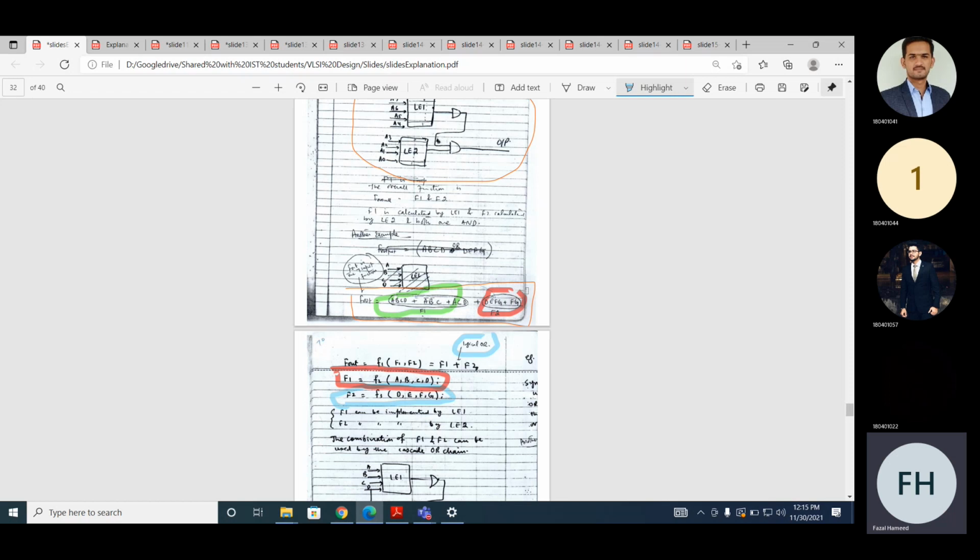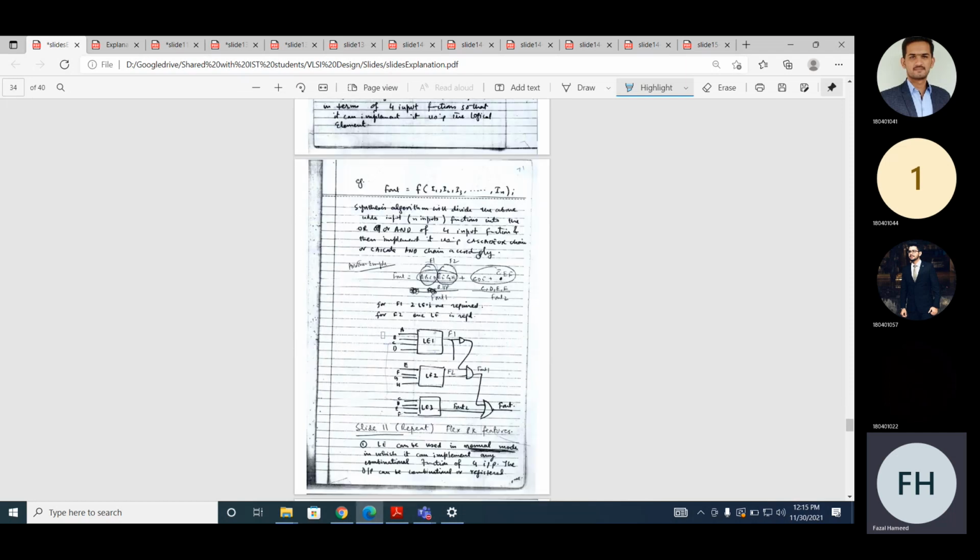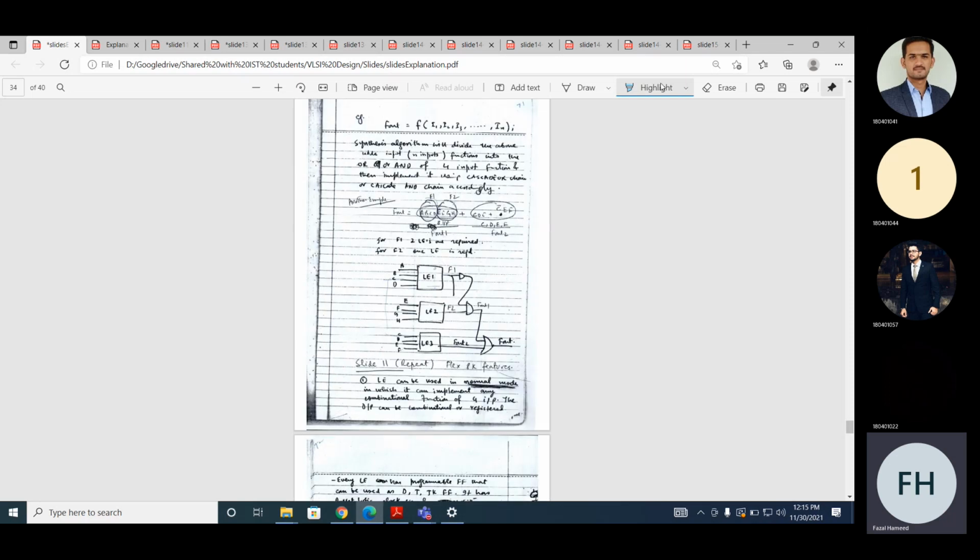So if you want to implement a wider function, you can use either cascade or chain. So in this particular example, we will use cascade or chain. Similarly, if you look at this another example, can you see this example?